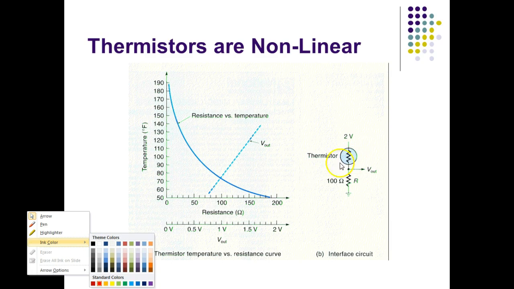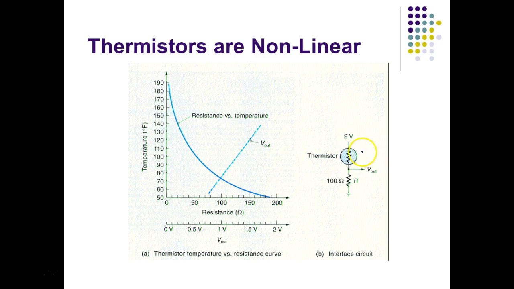If it's a negative temperature coefficient, which is what's being shown here, if the temperature goes up, this resistance goes down, this resistance stays the same. What would happen to the output voltage? Would it go up or would it go down? This is the kind of question y'all should answer just like this. What are you thinking?